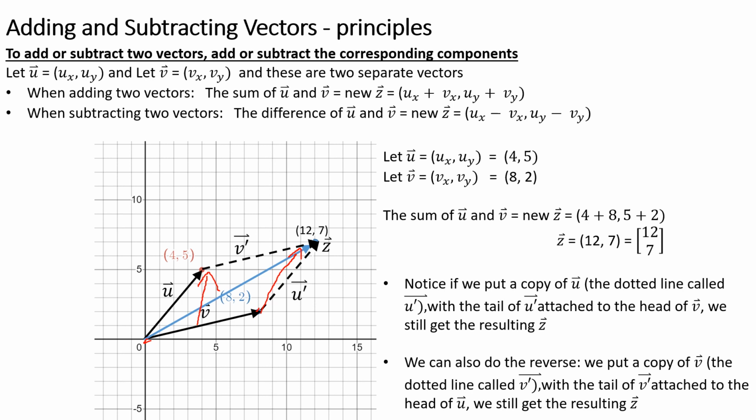If I go here, I go 8 across and 2 up, I get 12, 7. No different if I add the 4 and the 8, the x component and the y component together. And remember, we can also write this in columnar format, 12, 7. And that is 12 for the x, 7 is the y coordinate.